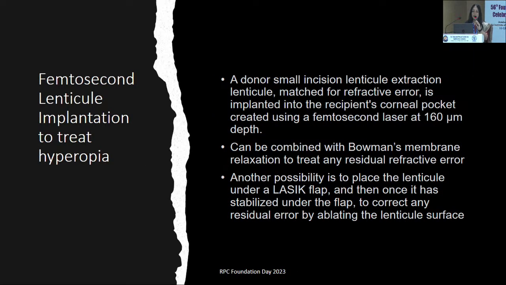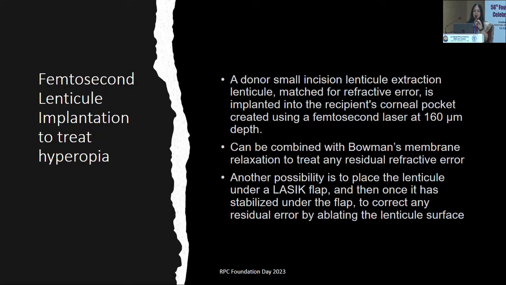For hyperopic treatment, it was tried a long time back by Professor Osama Ibrahim, by inserting a lenticule formed from a myopic patient into a hyperopic patient by creating just a lamellar dissection. So a donor small incision lenticule extraction matched for a refractive error is implanted into the recipient's corneal pocket.